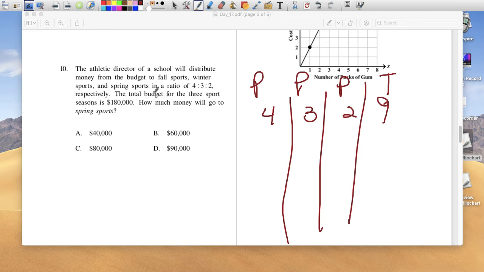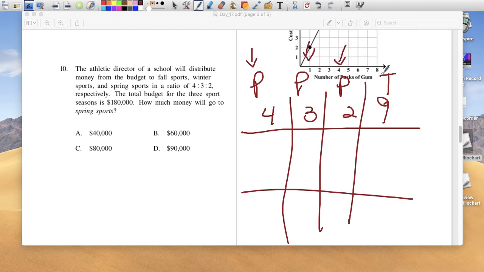Now, if I had $9, what we can infer is that $4 would go to the fall sports, $3 would go to the winter sports, and $2 would go to the spring sports. But I don't have $9, I have $180,000. So what's the multiplier here?